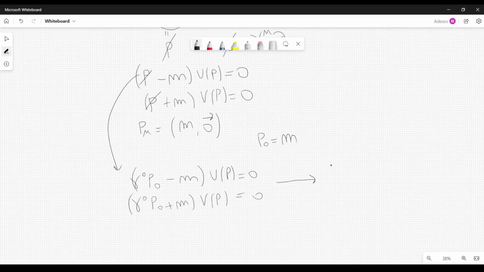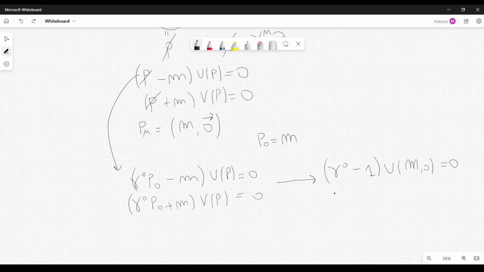These equations become, therefore, gamma 0 minus 1, where this 1 is the identity matrix. It's a 4×4 matrix in this case, because gamma 0 is a matrix. Then we have u of m0 equal to 0, so I have substituted instead of p, we can write m0, because p, which is p mu, has this form.